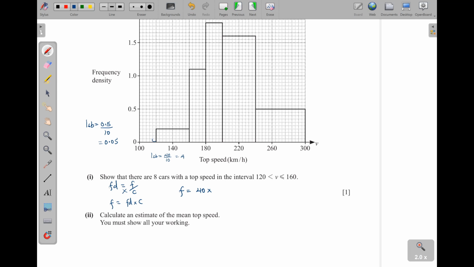This is 0.05, then 0.15, then 0.2. So this is 0.2 here. That means I will get 40 times 0.2. 0.2 is the same as 1 over 5. So that means the frequency here is going to be 8.